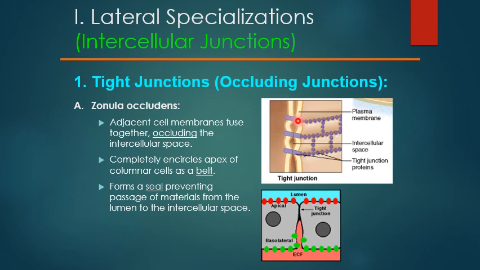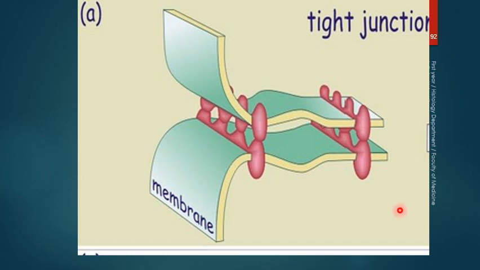The tight junction is present as a belt, completely encircling the apex, forming a seal that prevents the passage of fluid between the cells. As you can see here, there is no space between the two cells.